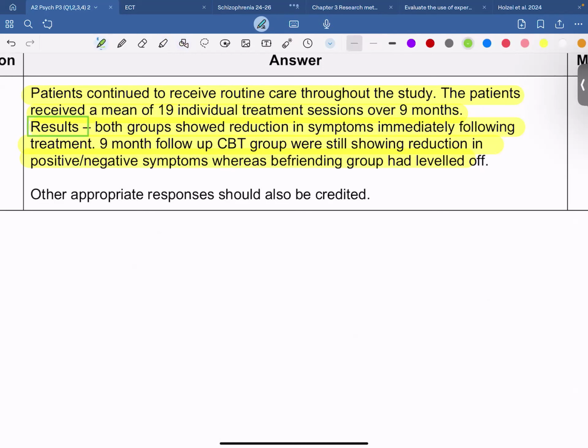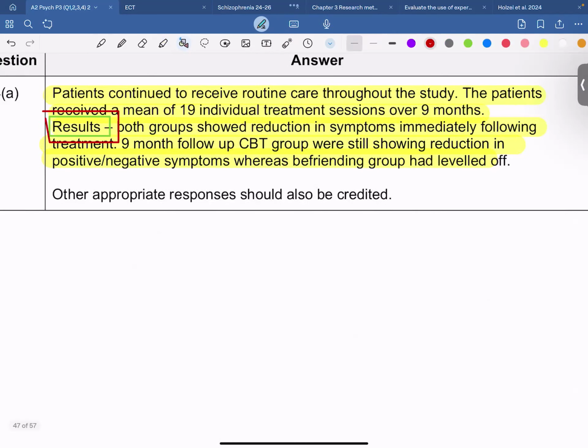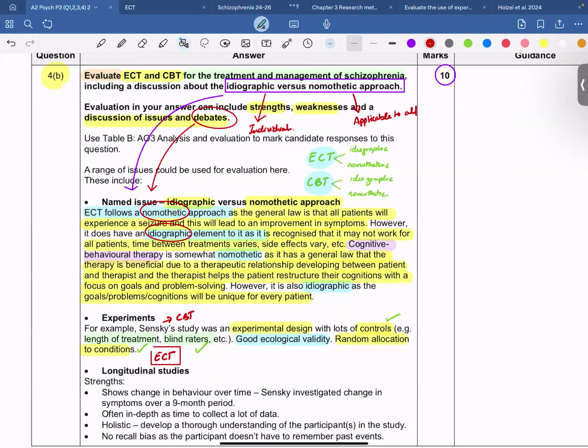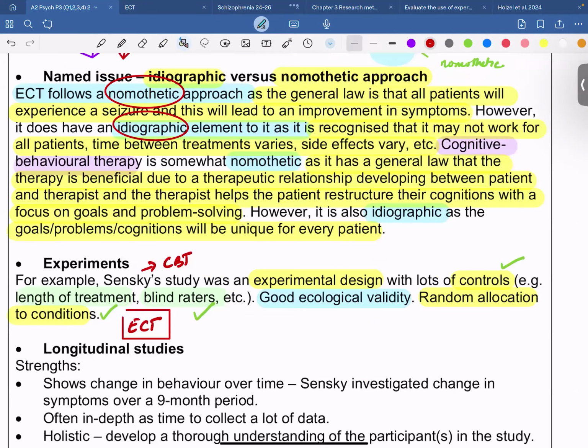Yes, the examiner could phrase the question in a manner that you might be expected to use the knowledge that you've gained from this particular study, but no specific question that says, let's just say, describe the study by Sensky et al. or Sensky in the year 2000. You would not get a question of this sort as long as we have the current paper pattern and structure.